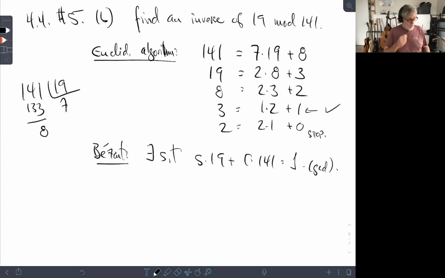If you look at this S, it's an inverse of 19 mod 141, because if I multiply these two numbers together, I get 1 plus a multiple of 141. So I want to find this S. How do I do that? Backtrack.